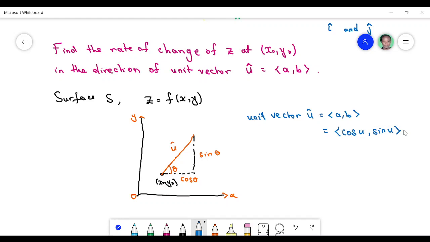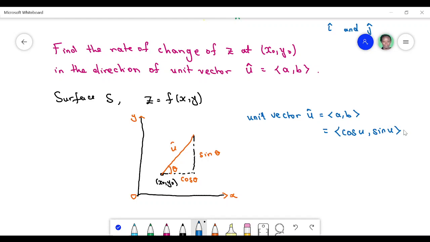So our unit vector in polar coordinates.